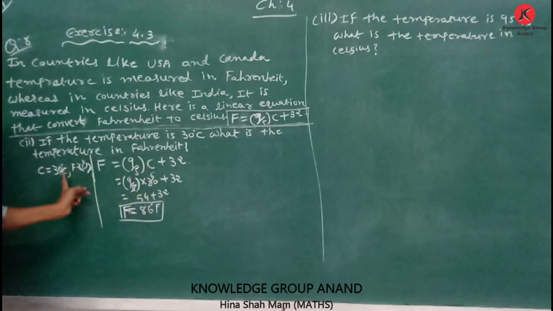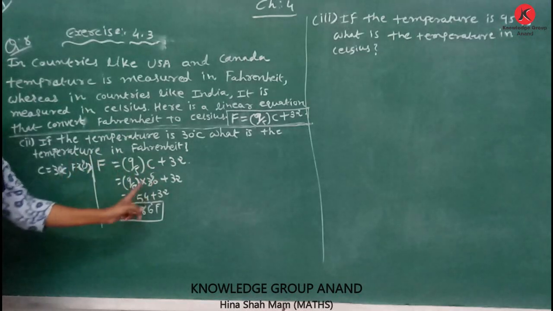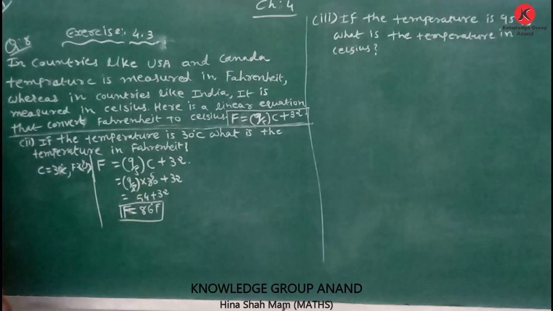Taking C is equal to 30, 9 times 6 is 54, plus 32 is equal to 86 degrees Fahrenheit.